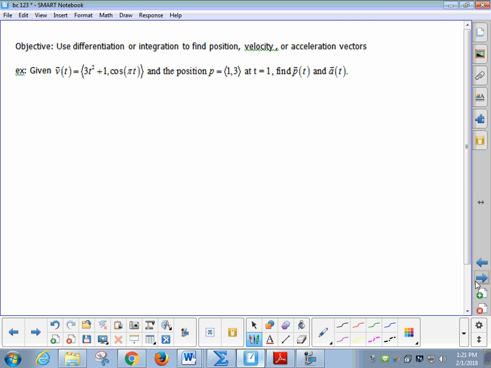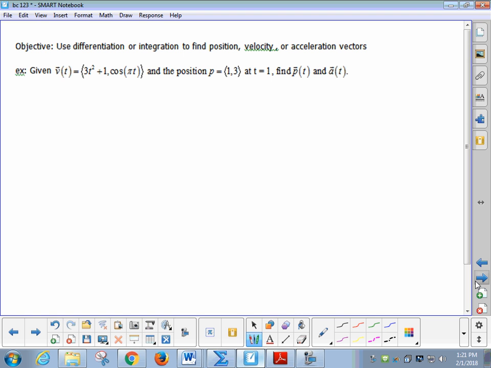Okie dokie. In terms of position, velocity, and acceleration, these are more used in physics than math. Math people would generally prefer to use a parametric set of equations than vectors, but whatever, at least I would anyway. But they will be frequently used in physics, and so you need to be aware, and there's going to be a ton of similarity.